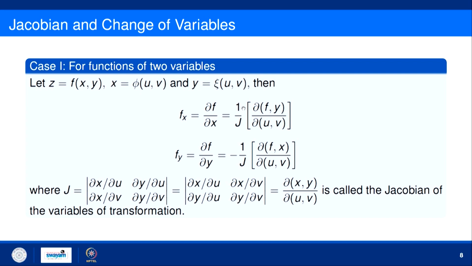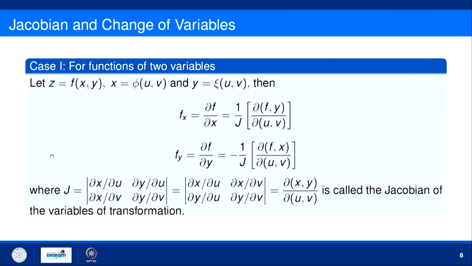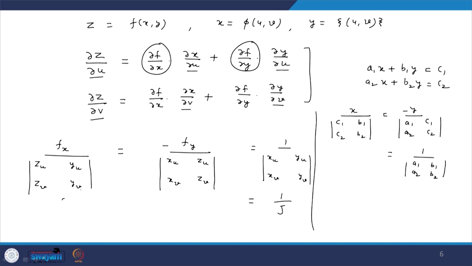So, this is 1 upon j times, that is 1 upon Jacobian times. This is the denominator, this is j, I am writing it equal to 1 upon j. So, f x is this divided by j. This is represented by, this is given by del of f, y upon del of u v, that is simply del f by del u, del f by del v, del y by del u, del y by del v, which is the determinant of this.